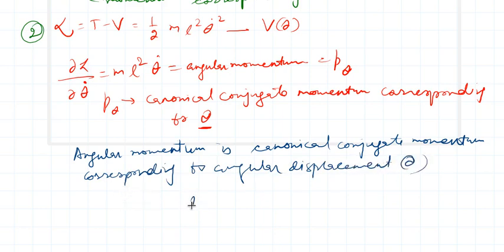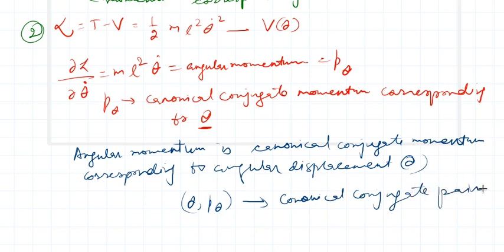So that means theta comma p theta will form the canonical conjugate pair, right?